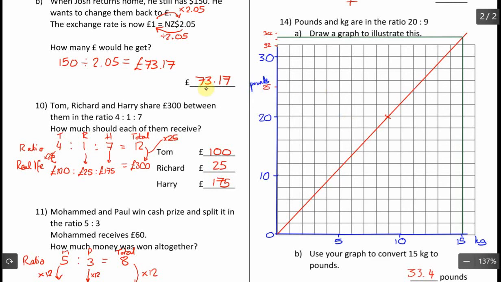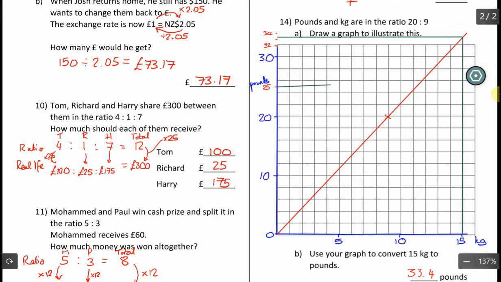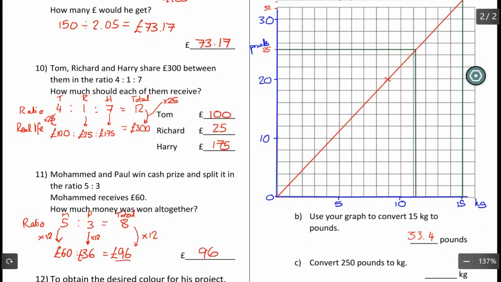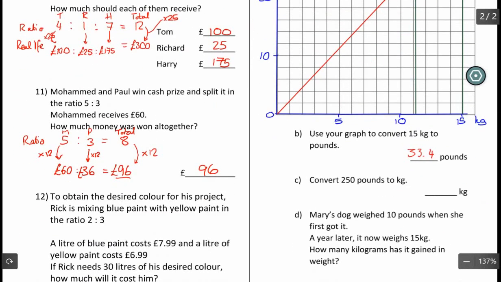So okay, there we go, that is 11 and a bit. That's 11.2-ish. Now I've got to remember that that is not 250, that's 25. If I times that by 10, that's 112.